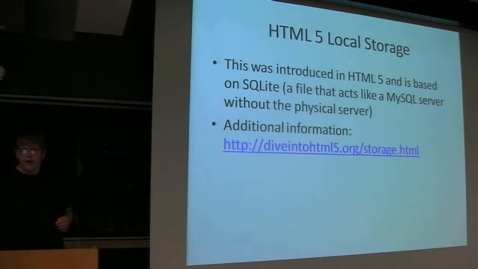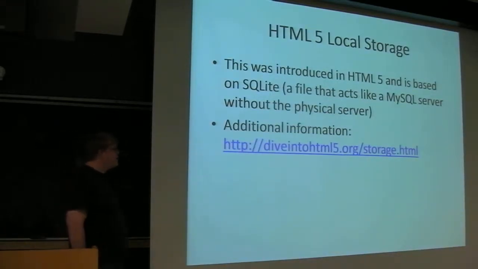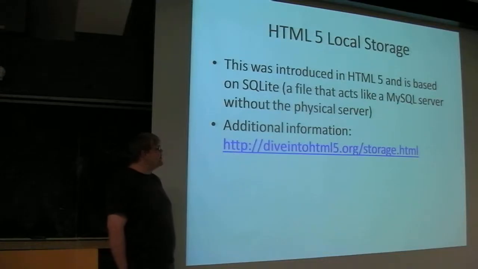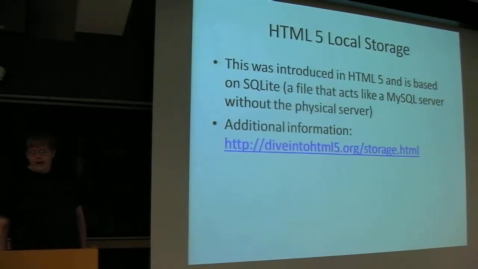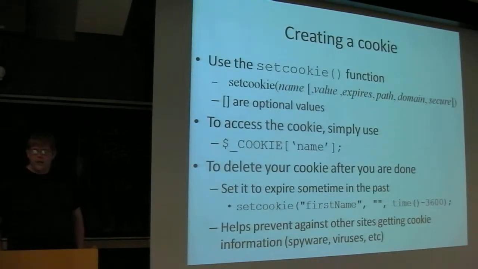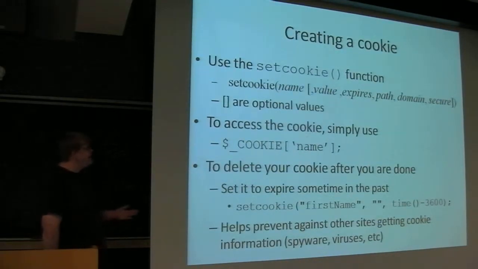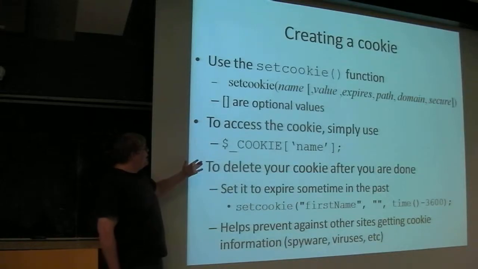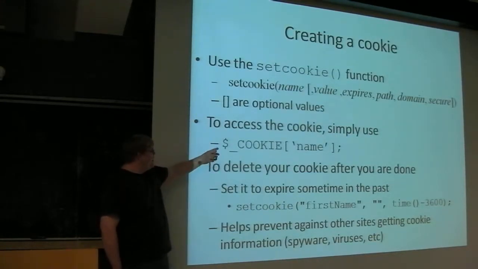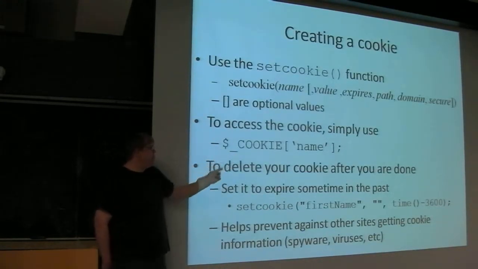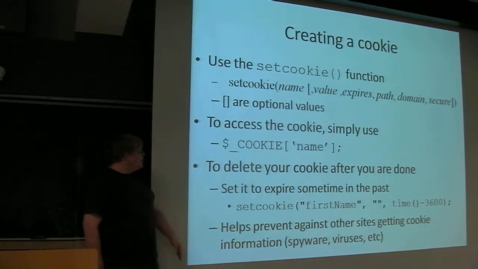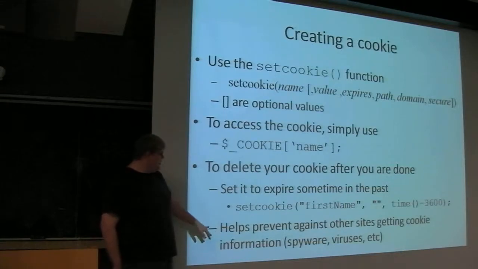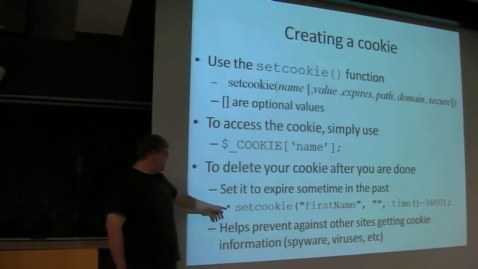So HTML5 also introduced a new concept of persistence called local storage, which uses SQLite, and there's additional information on that link. So creating a cookie, use the setcookie function and the name of the cookie, and then you can use $_COOKIE name to reference it and get data, play with it, whatever. Once you're done with it, you want to set it to expire sometime in the past using the setcookie method.